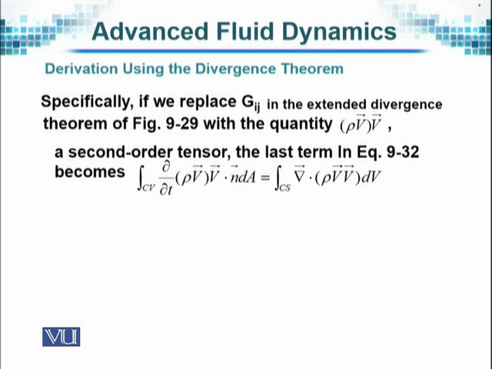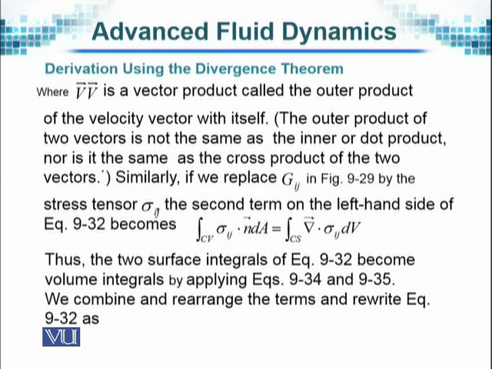equate all the forces with the mass into acceleration, the momentum forces. If we replace that, then we obtain this term, and it is to be noted that this quantity v into v, the product of two vectors, is known as the outer product of the velocity vector with itself.